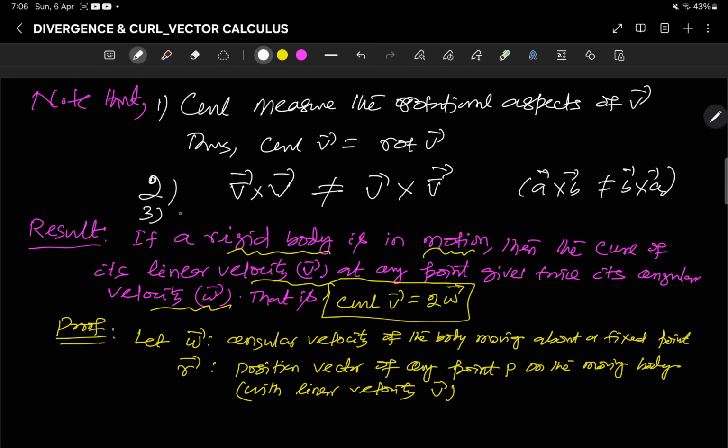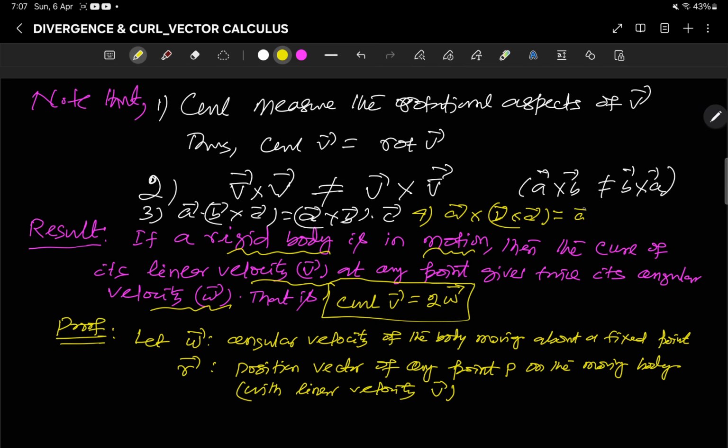The scalar triple product: A dot B cross C can be written as A cross B dot C. And the vector triple product: A cross B cross C is equal to A dot C B minus A dot B C. You should note this, and we are going to use it throughout proving the properties.